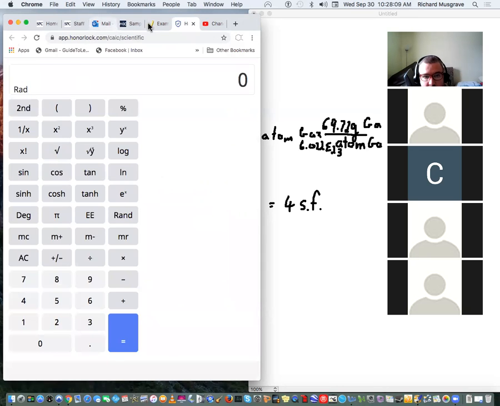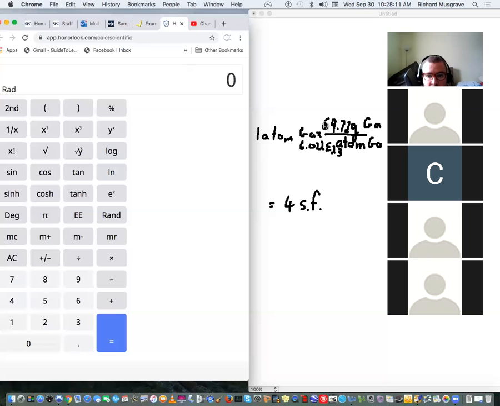So for this one, it's going to be 1 times 69.72. So I put 69.72. And then divided by, and it's going to be 6.022 times 10 to the 23 atoms of Ga. So you write in 6.022, and then you've got the EE button here. That's your exponent button. Hit that.